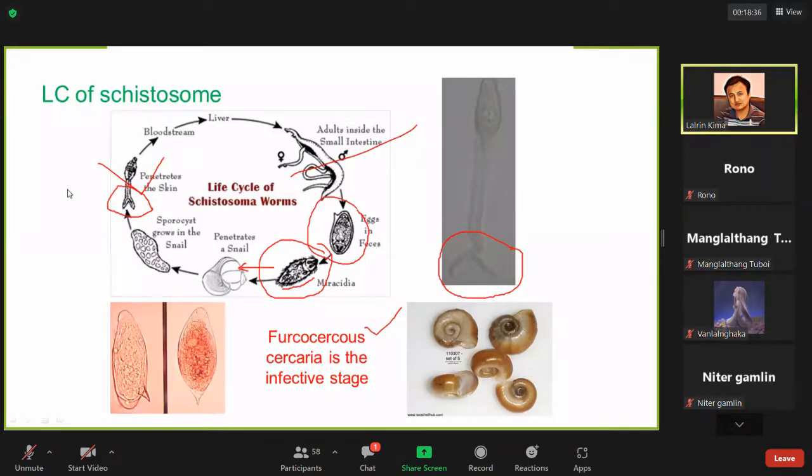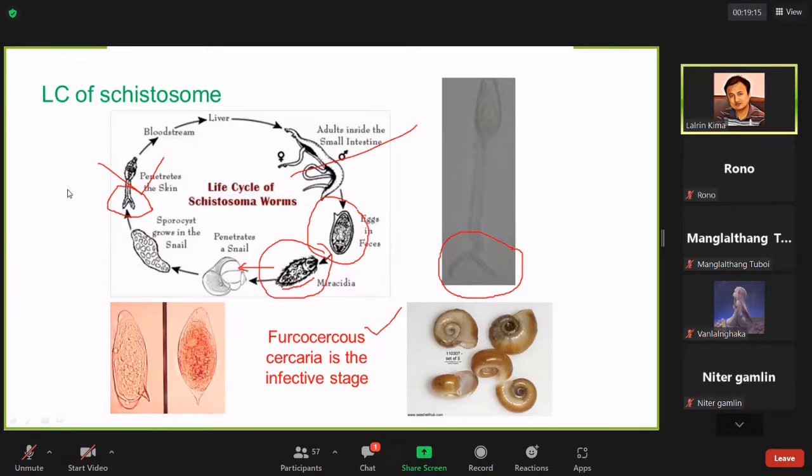Next point: in most of the other trematodes, infection happens through ingestion of the encysted cercaria known as metacercaria. But in the case of Schistosoma, infection of the host occurs by the active penetration of the furcocercous cercaria through the skin of an animal or a human being also.